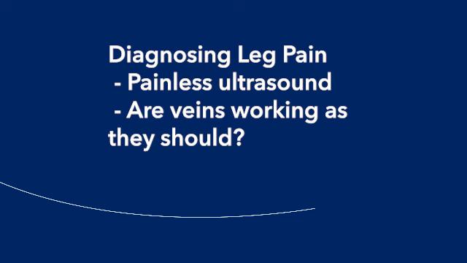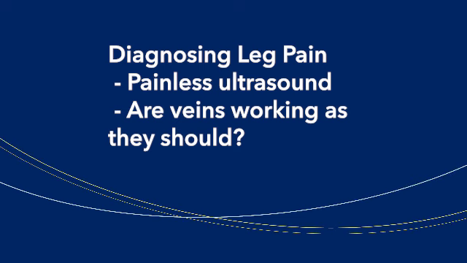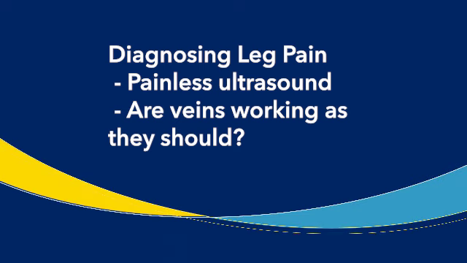And so what we have to do is try to figure out whether your veins are working properly or not. And one of the main ways that we do that is just with a painless ultrasound. We take a look at the veins in your legs, see if they're working the way they're supposed to, and can decide if you need something to help you along with that.